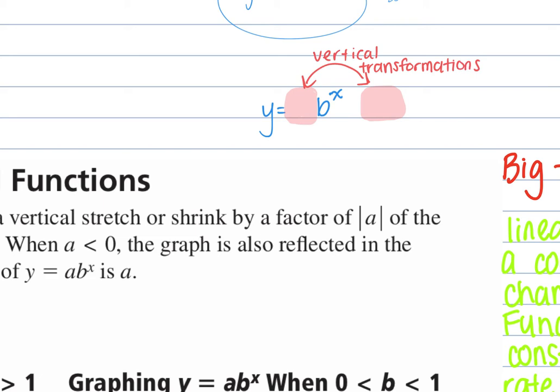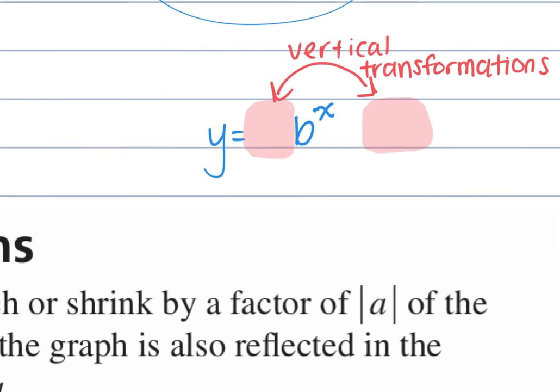And if you guys remember from 3.7, the transformations, we figured out whether it was vertical or horizontal based on whether it was inside or outside your parentheses, right? We treat our parentheses now as the exponent. So anything being used as an exponent in this region will now be a horizontal transformation, okay?